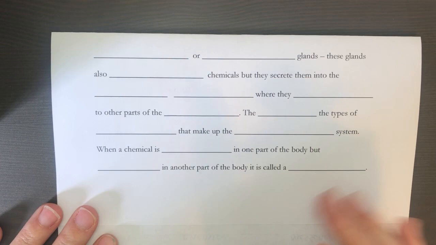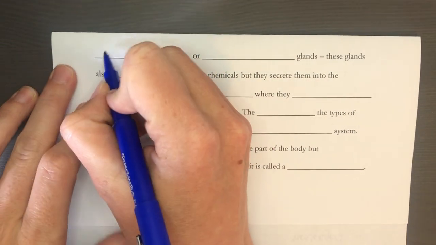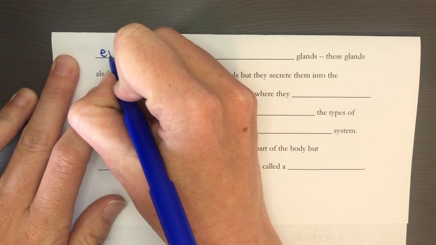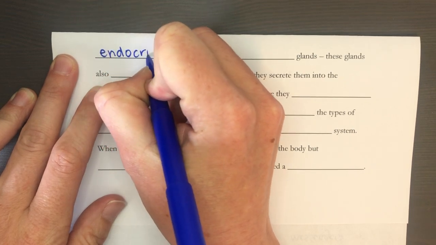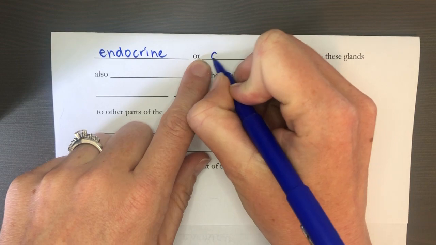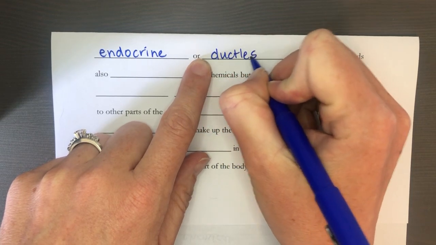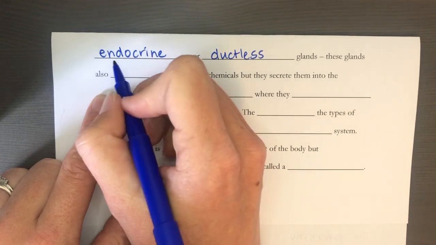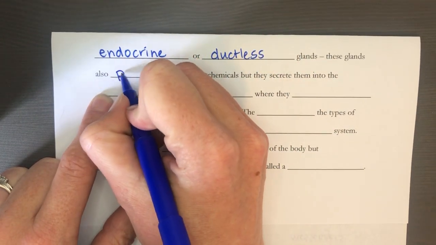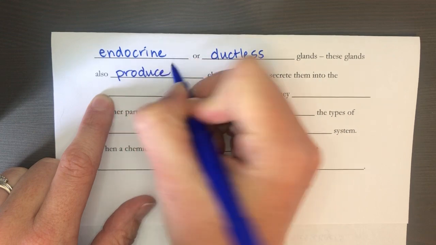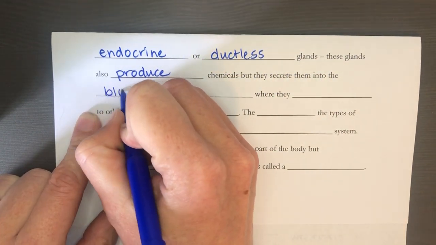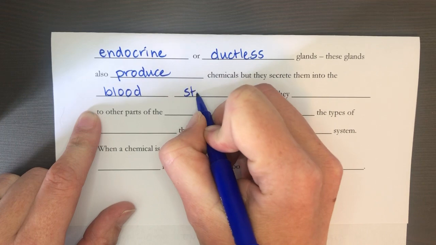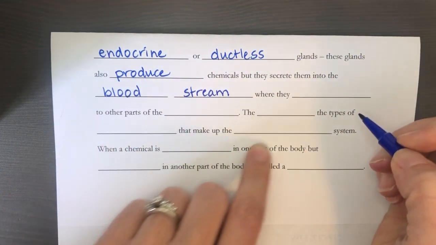Talking about endocrine glands, or what we would call ductless glands, these glands are also going to produce chemicals, but they secrete them into the bloodstream instead of directly onto the surface of the tissue.